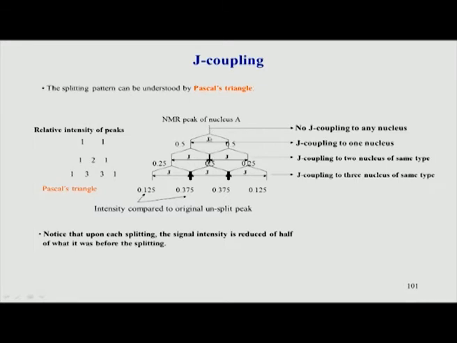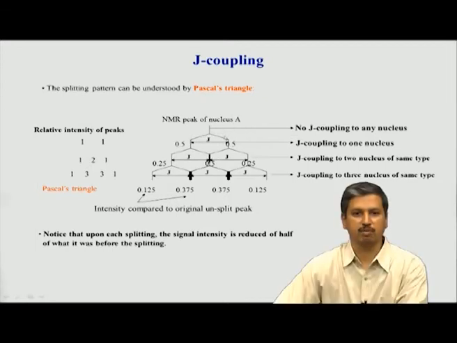Now, because of coupling to any other hydrogen, any other nucleus, suppose it has only one hydrogen in the neighbor. In that case it will get split into 2. This is the doublet. This is what is drawn by this triangle, these 2 lines, and this is a doublet. Now, what is happening?